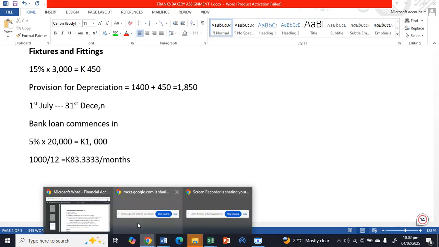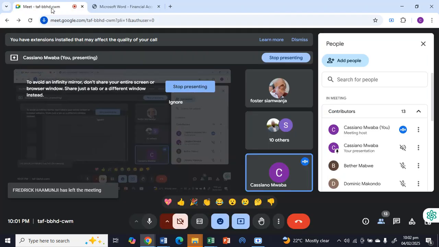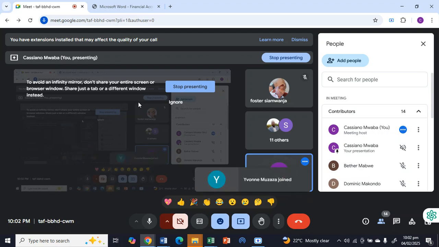Since it's 1st July, you include July. So July, that is one. August, two. September, three. October, four. November, five. December, six.